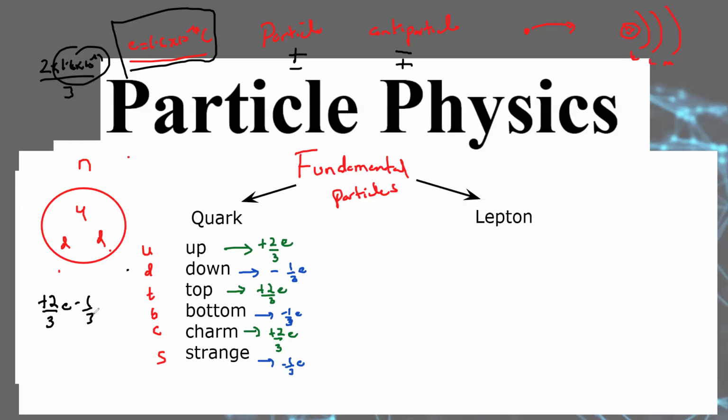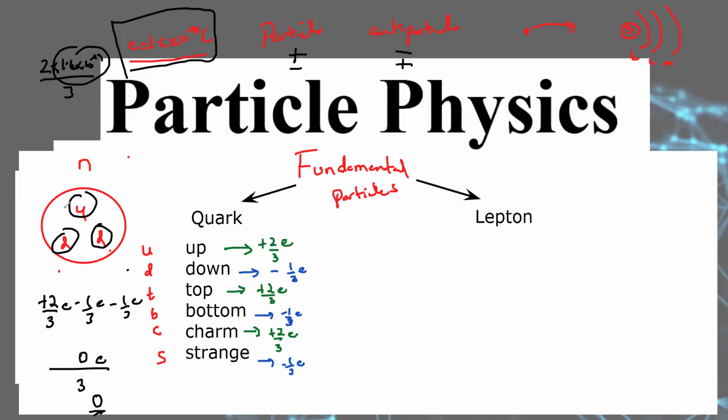What is down? Minus 1 by 3e. What is down? Minus 1 by 3e. When I simplify this, it is 3 in the denominator, and 2 minus 1 minus 1 is 0, so we have 0e. So what is the net charge of the neutron? There is no net charge on the neutron, so the neutron does not have any charge. So what is the neutron made up of? Neutron is also made up of quarks, which are up, down, down.